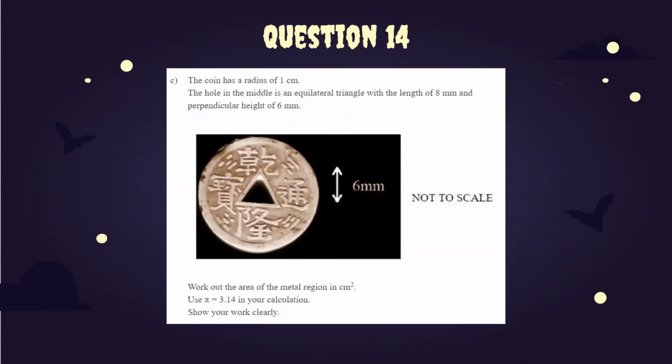And for C, the question wants us to find the metal region. So the coin has a radius of 1 cm, so you know the diameter is 2 cm, and the radius, half of it, is equal to 1 cm.